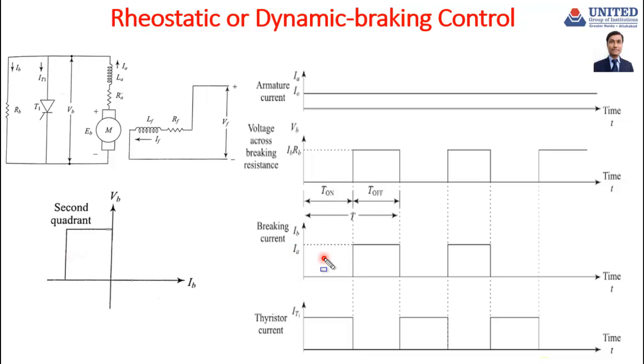Again, during turn on operation the braking current is equal to 0, while during turn off period we get the braking current which will be equal to armature current, and this is the thyristor current or switch current that will be equal to Ia, the armature current, when the switch is on, and this will be equal to 0 during turn off time.